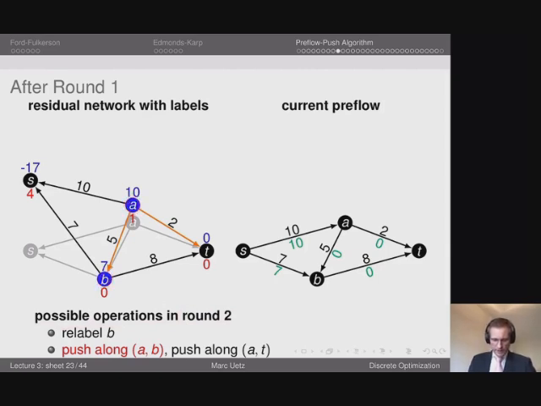So we could either relabel B, right, because B still has no eligible edge going out of it. If we look at A, we can push actually some of the excess out of A, either along this eligible edge or along that eligible edge to T or to B. So let's say the algorithm chooses to push along node A, B, and that's what we do.